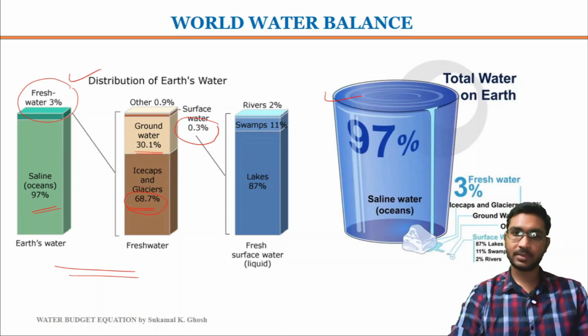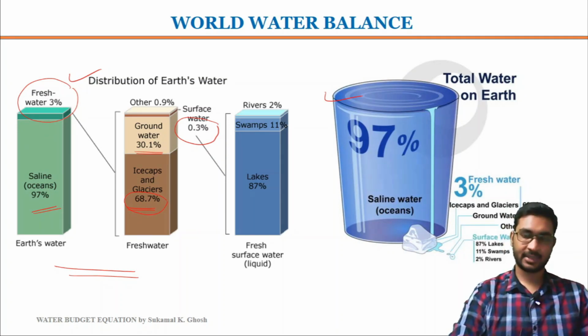Okay, so from this data we can understand why we should not waste water, because the world may have a huge amount of water, but out of that only 0.3 to 0.5% is consumable.